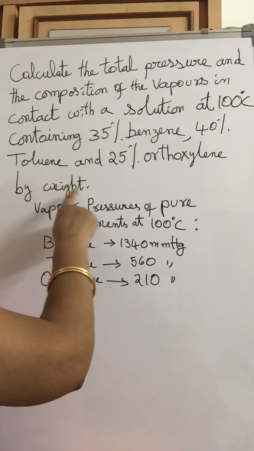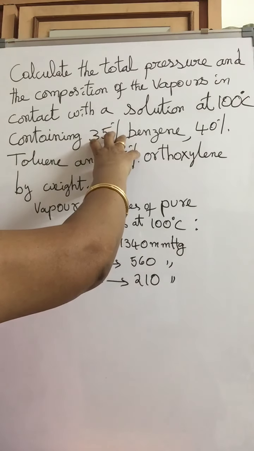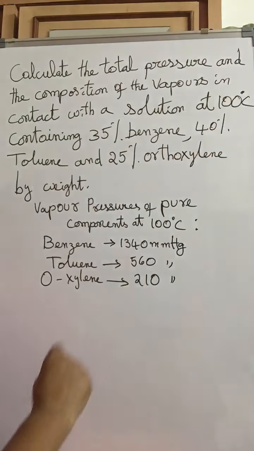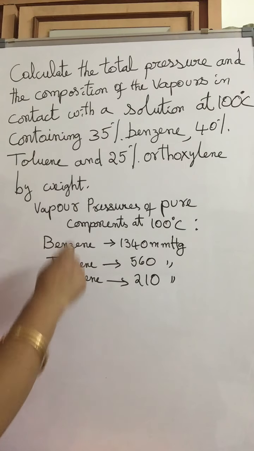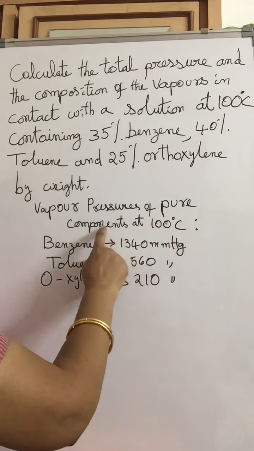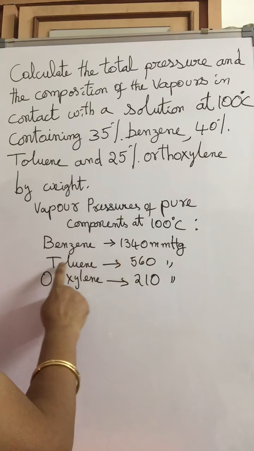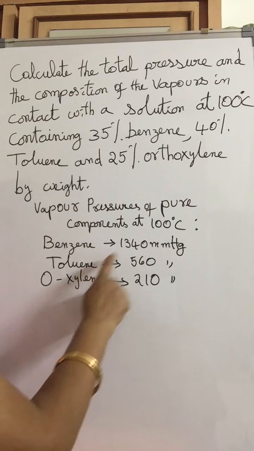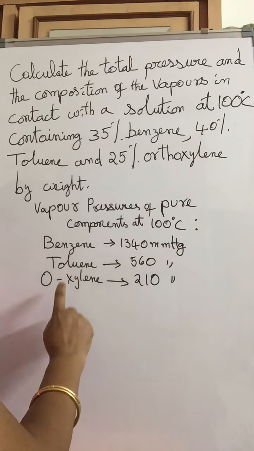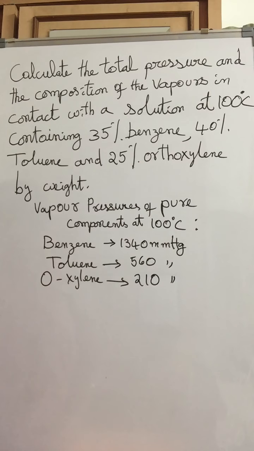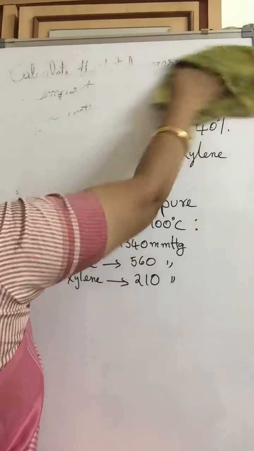Some more data is given, that is the vapor pressures of pure components: pure benzene at 100, this much. Vapor pressure of pure toluene at 100, 560. Oxylene 210. So vapor pressures are also given. We shall solve this problem using Raoult's law and Dalton's law.